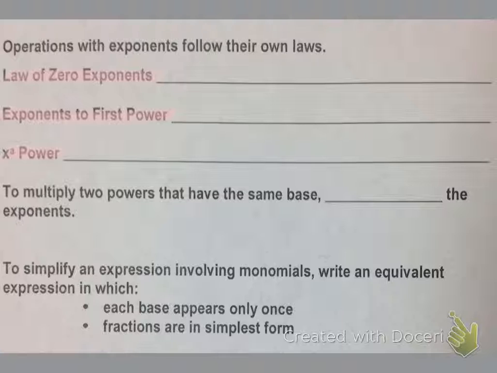The law of zero exponents is this right here. If I have 2 to the 0 power, what do you think that is? Wrong.